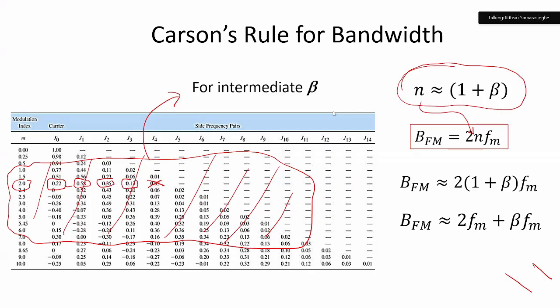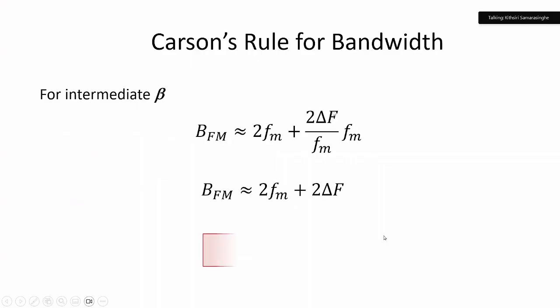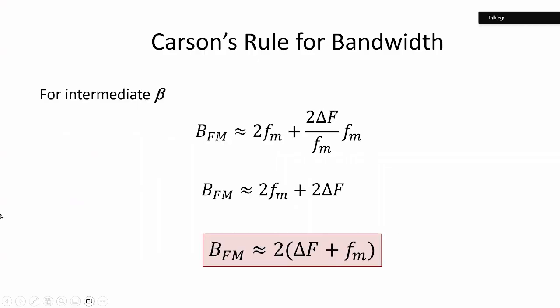So 3 pairs, which is 1 plus beta, with beta equals 2. That observation by Carson led us to a simple way of estimating the bandwidth of an FM signal. That's why this is called Carson's rule.